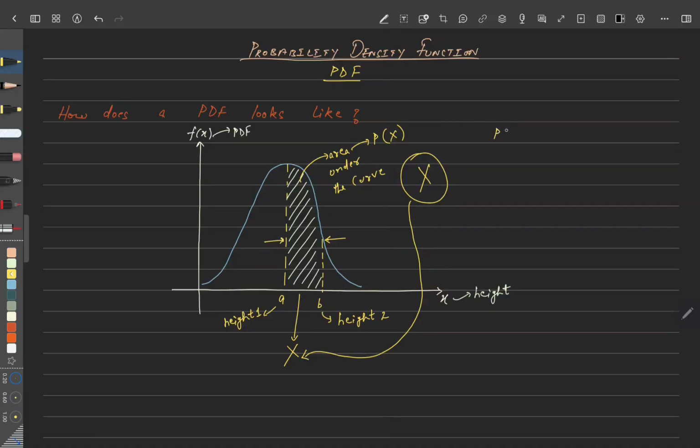So p of x, where x is somewhere between a and b. That is what this will tell you. That is what a PDF does.